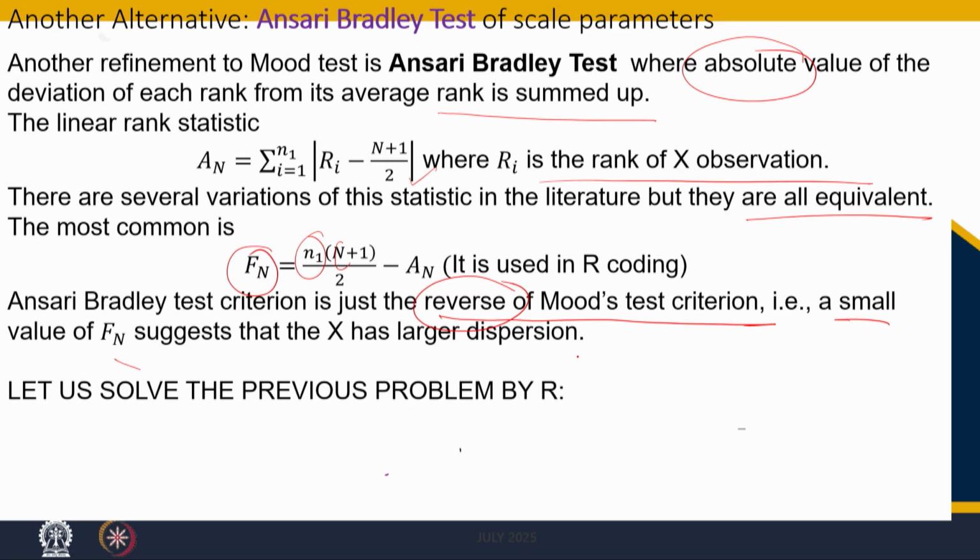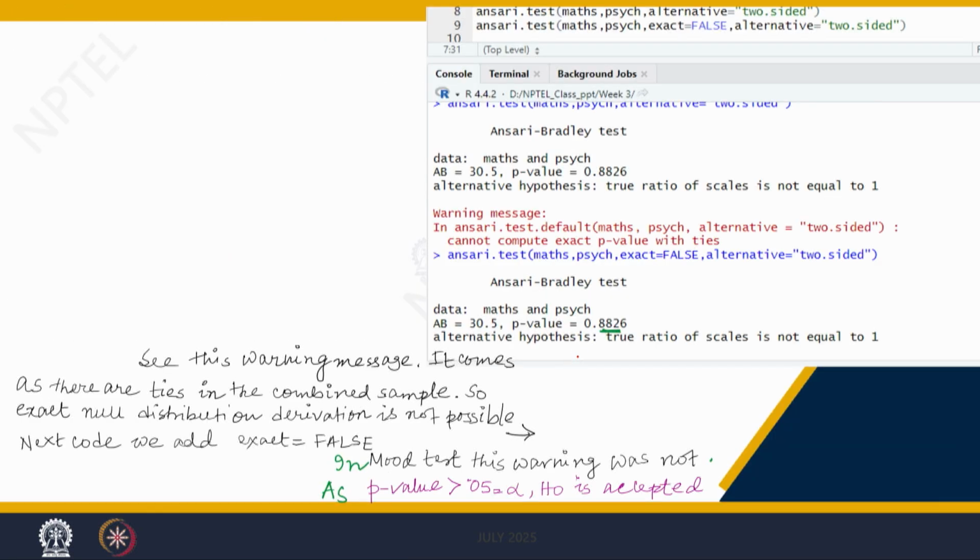But these type of hazards are not encountered when you are dealing with p-value. P-value greater than 0.05 means you accept the null hypothesis, and less than 0.05 means you reject the null hypothesis.